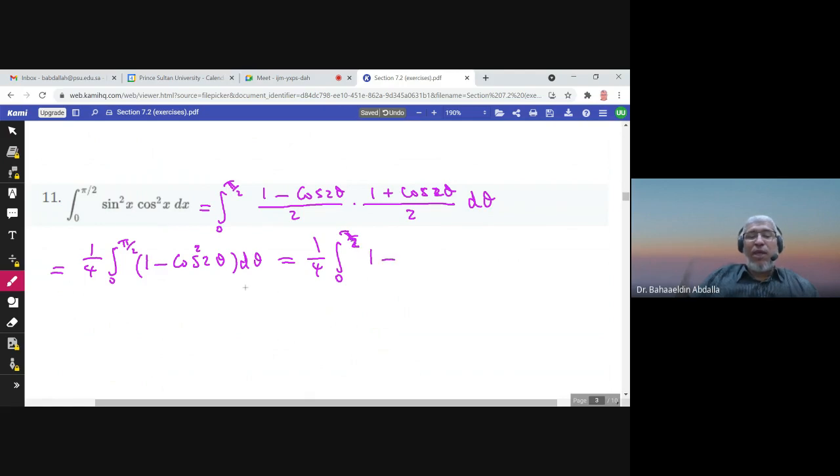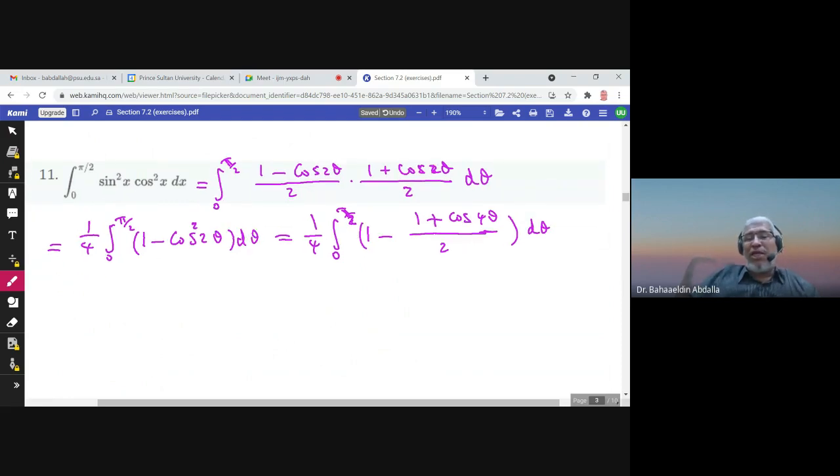I need to change it again. 1 plus this time cosine 4 theta, because this is 2 theta, I multiply by 2 over 2. Notice that this is 1 over 2. 1 minus 1 over 2 is half. Minus cosine 4 theta over 2.